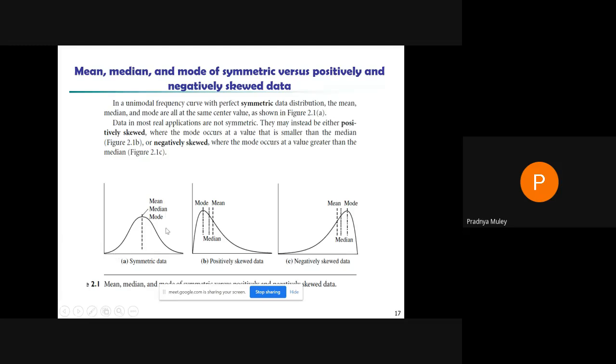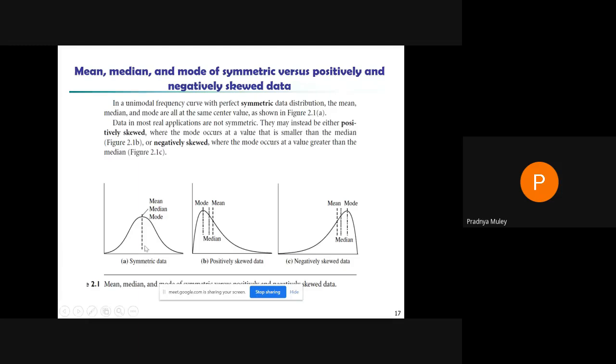In a unimodal frequency curve with perfect symmetric data distribution, the mean, median, and mode are all at the same center value, as shown in figure 2.1. So this is symmetric data.